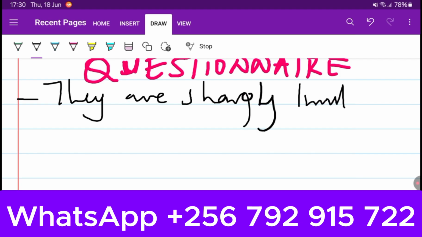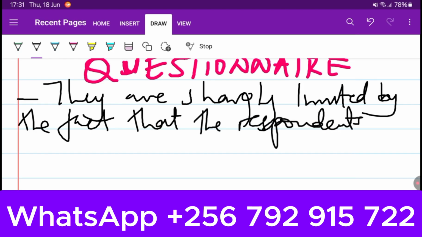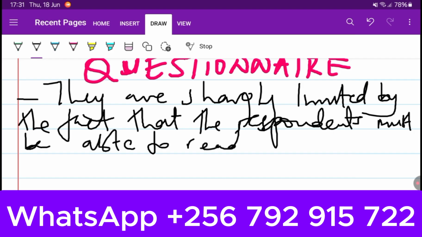So that's why we are saying the questionnaires are sharply limited by the fact that the respondents must be able to read the questions, and respond to them.